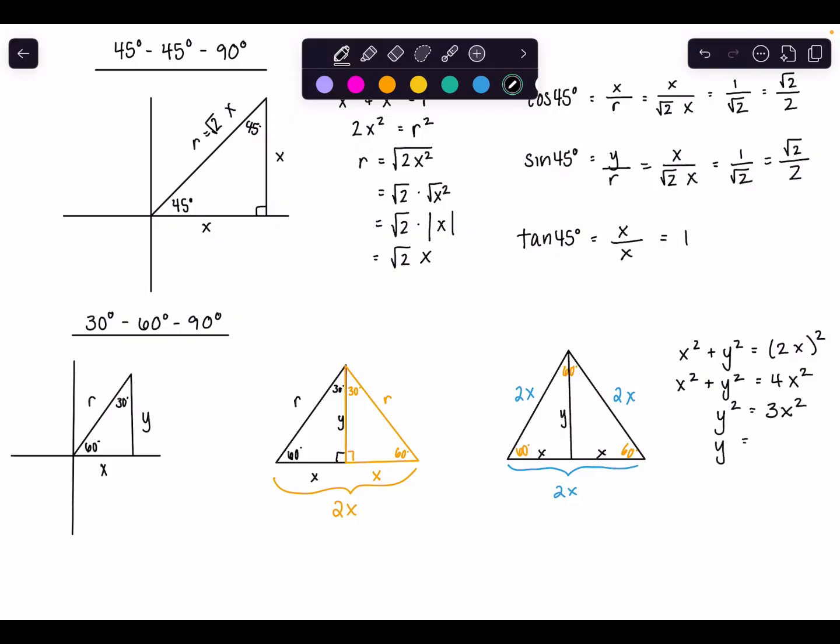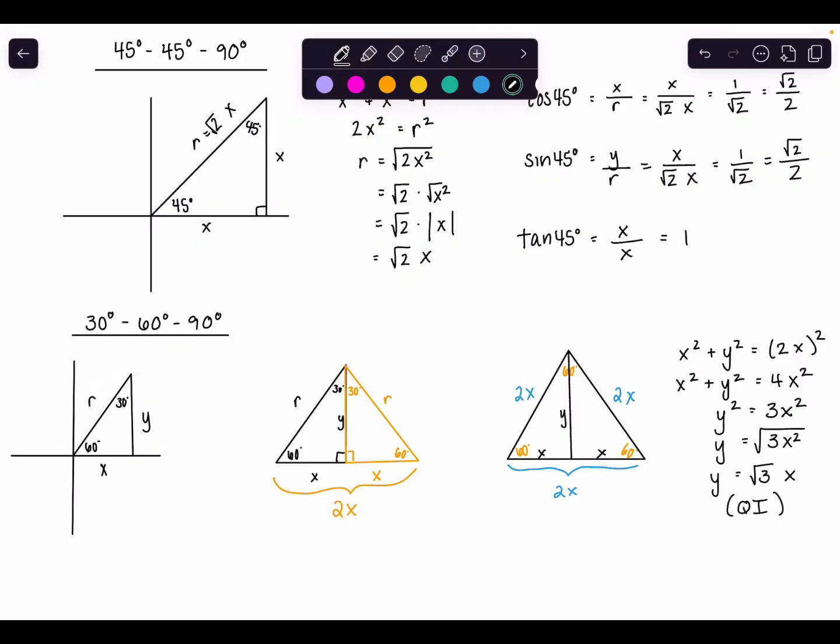And then same thing, I go ahead and take a square root. So our y value is going to be root 3, and then the x squared and square root cancel each other out, but you technically get absolute value. Again, I'm focusing just in quadrant 1 right now, so it just pops out as an x.